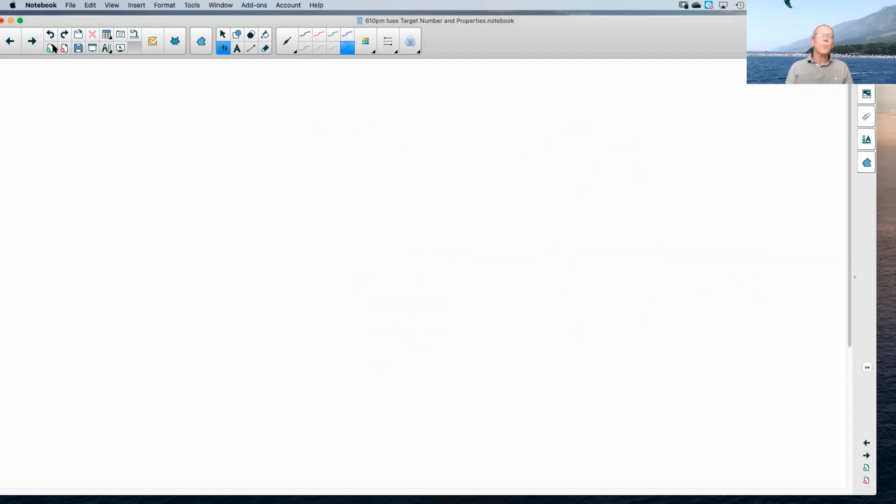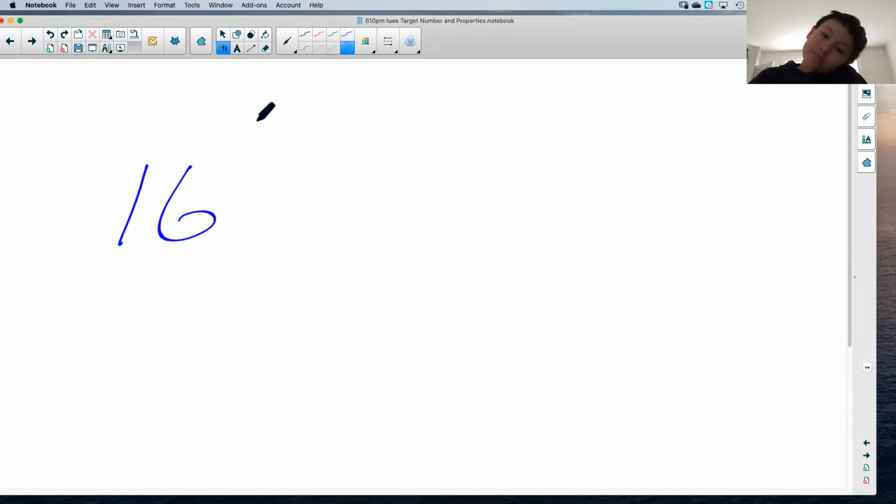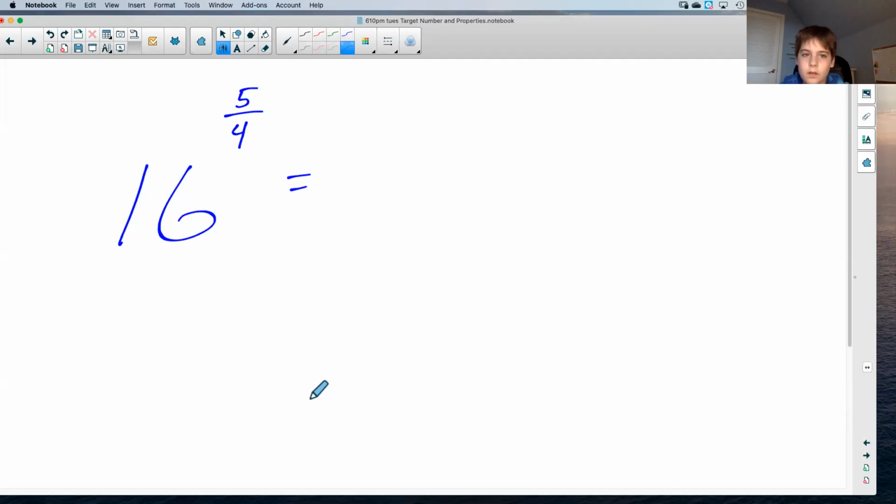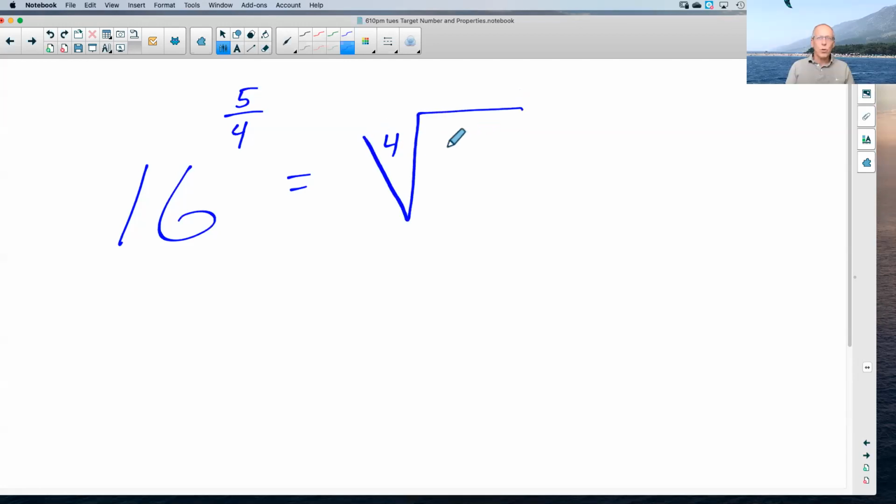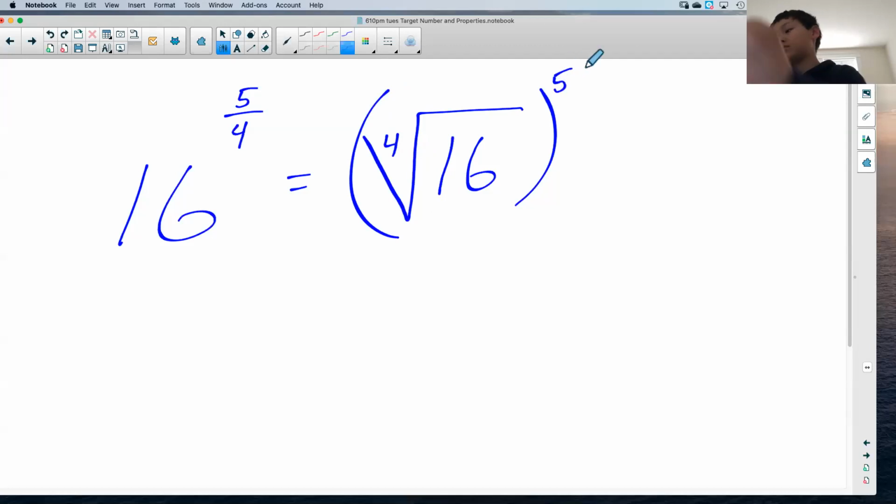Let's do another one. 16 to the 5/4 power. I'll write it out for you. Mr. Kramer, I find it much easier to do the 4th root first in this one.